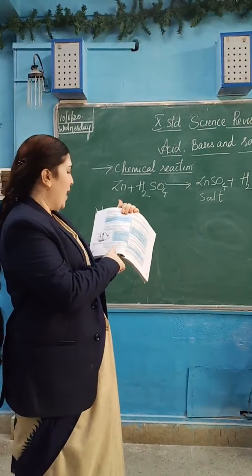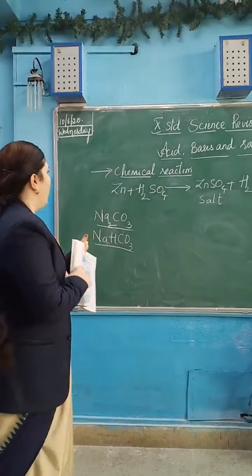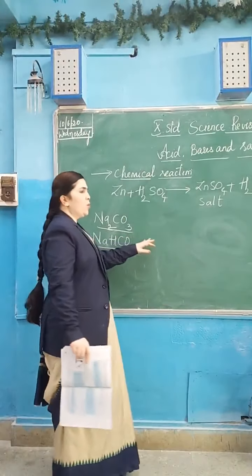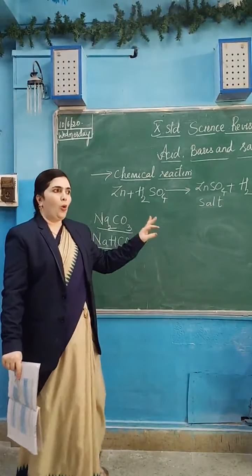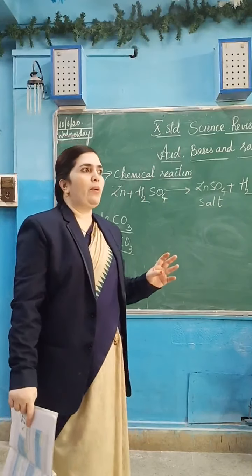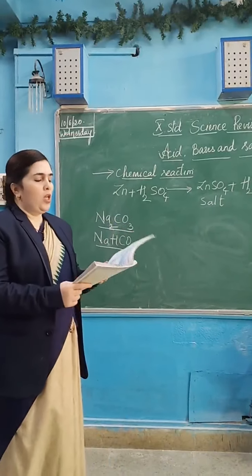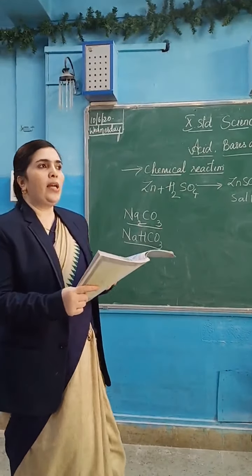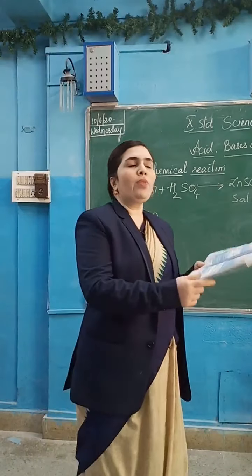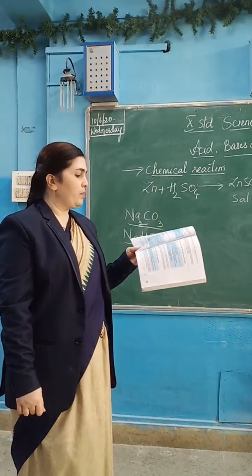One question they had asked: how to test for the carbon dioxide gas which is evolved. In this reaction the gas which is produced is carbon dioxide gas. How to test that the gas is carbon dioxide? We have to pass that carbon dioxide gas through the solution of calcium hydroxide. When you pass carbon dioxide in lime water, that is calcium hydroxide, that solution becomes milky.